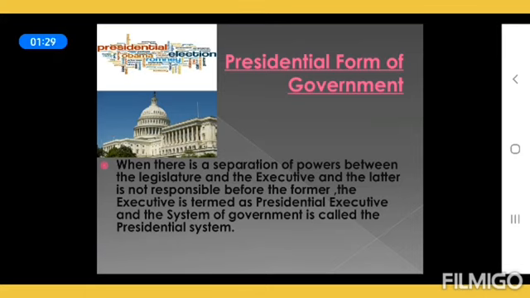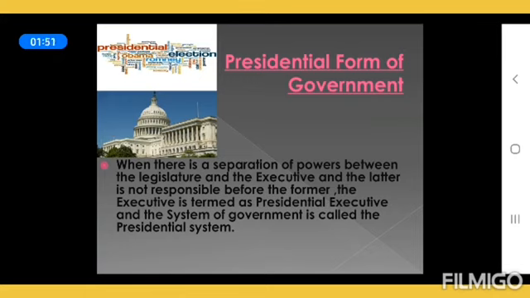In such a system, the head of the state is the president. In the presidential form of government, the president is the head of the state, and he is the head of the government as well. He is his own prime minister.